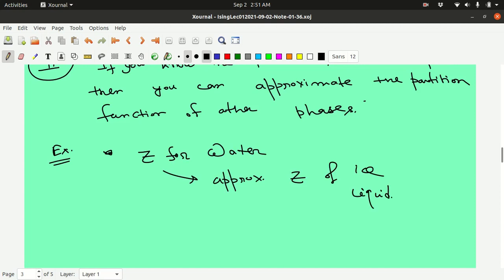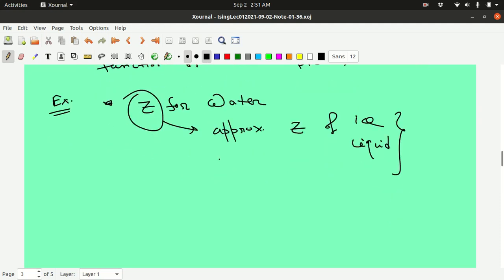Now the point is that if this Z can capture all three phases, then you can be sure that Z must have non-smooth properties.